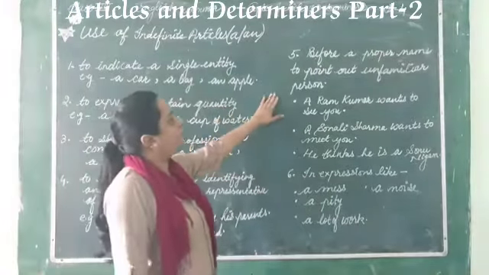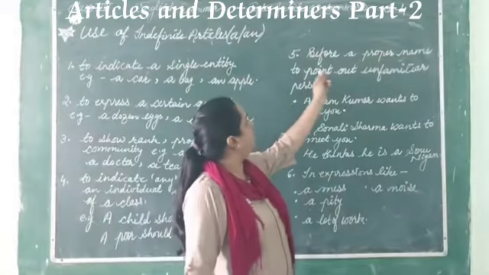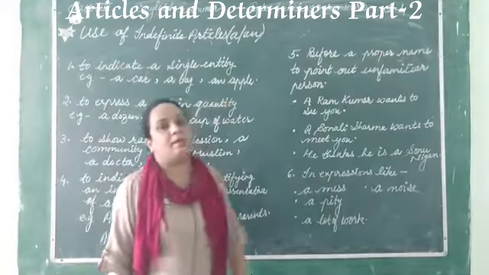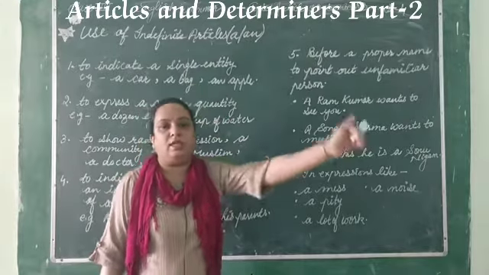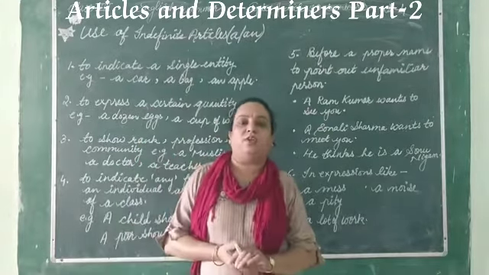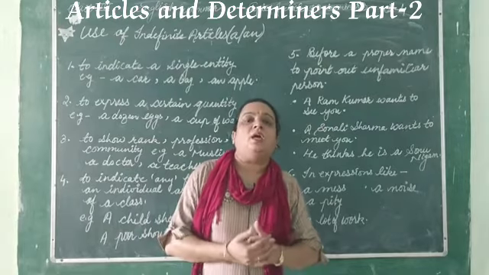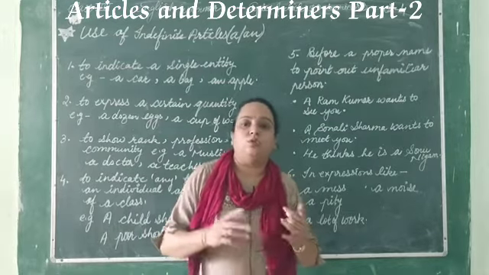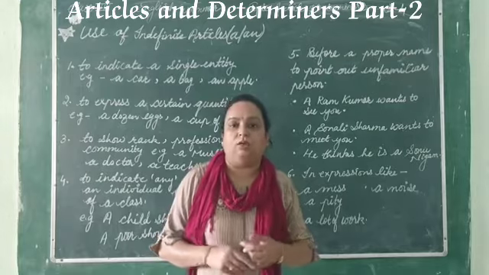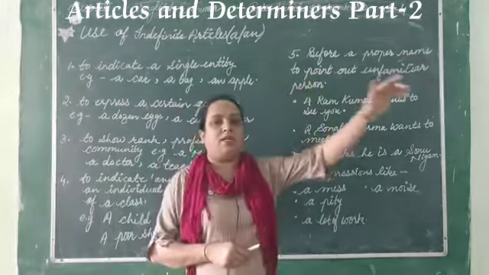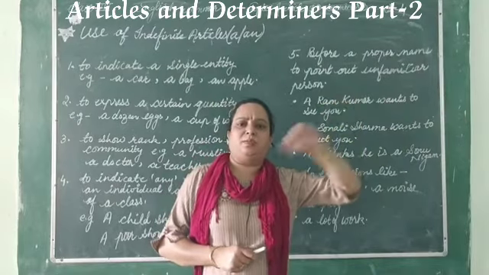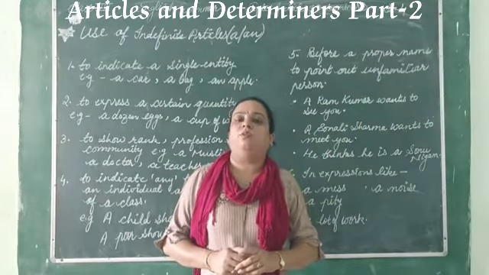Rule number 5 is proper. Before a proper name, to point out unfamiliar person. Suppose I'll say that generally what happens is that before the names, when we are talking about a name, with the names we do not use a, an or the, nothing, right? But if here we want to say that कोई Mr. Sharma आपसे मिलना है, so what you will do?